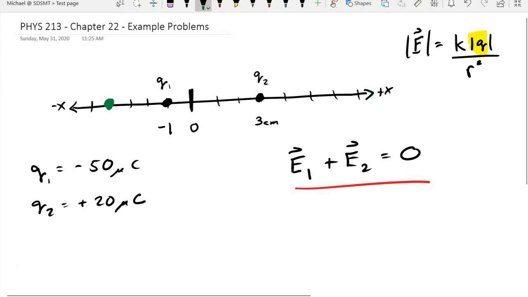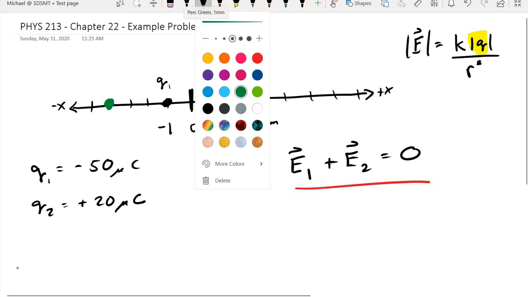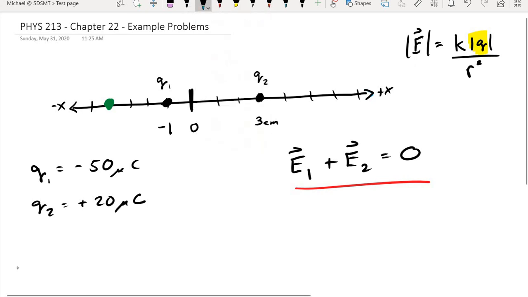So being over there, I would have an electric field line being produced by charge 1 that has to point towards charge 1. That's the way those negative charges work. Field lines point towards the negative charge.